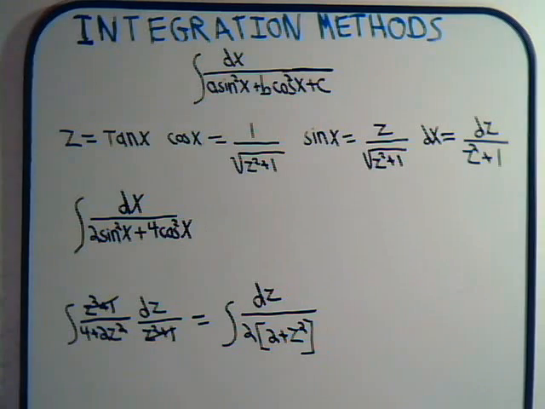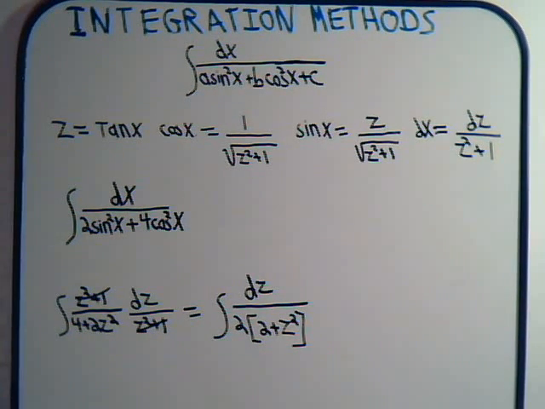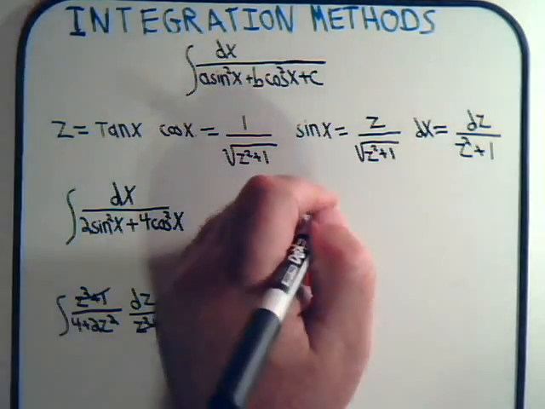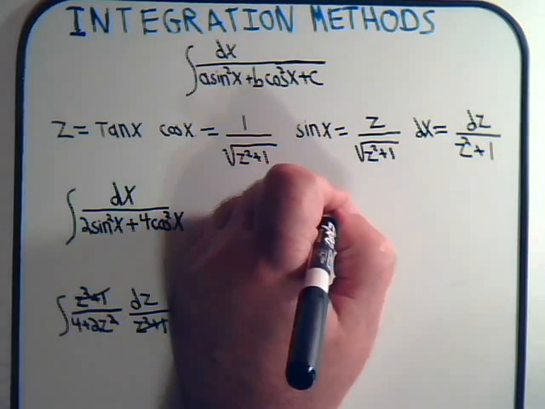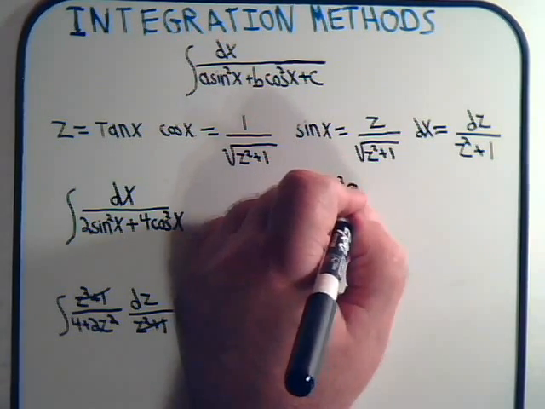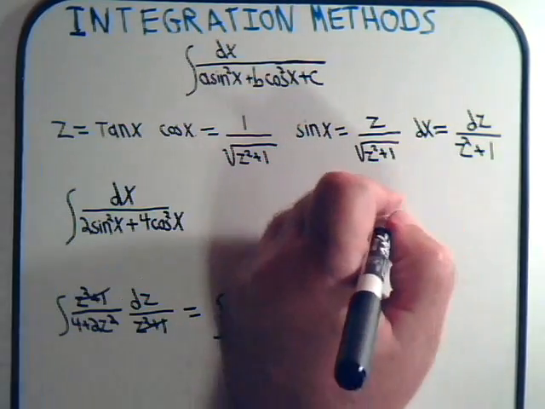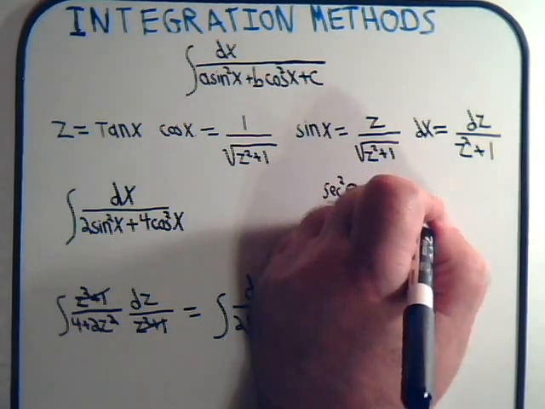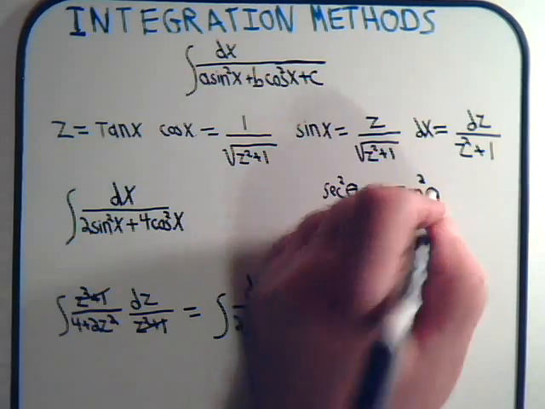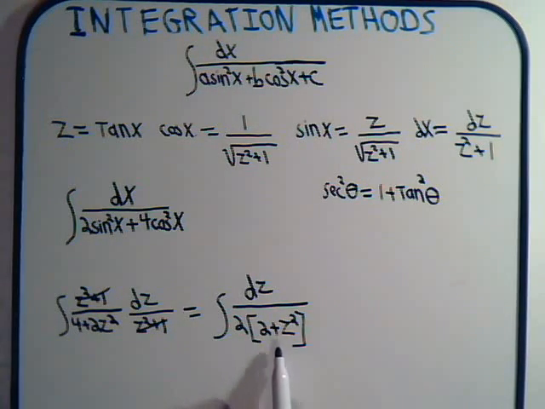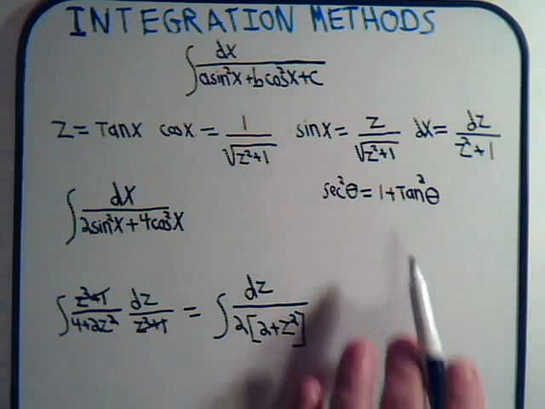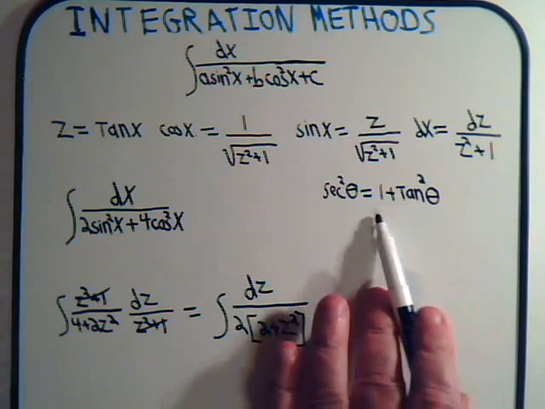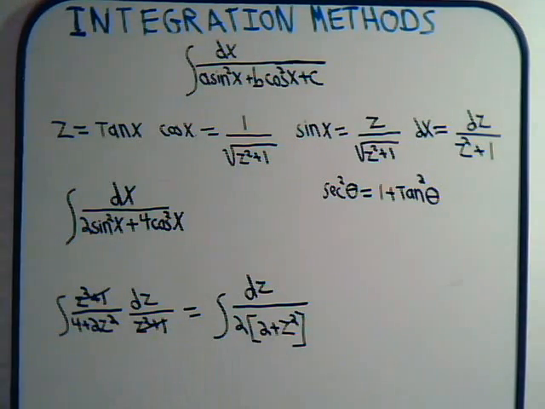And again, this looks like it's all set up for a trig substitution of this type, where the secant squared of theta equals 1 plus the tangent squared of theta, a constant plus a variable squared. These are the same general format.